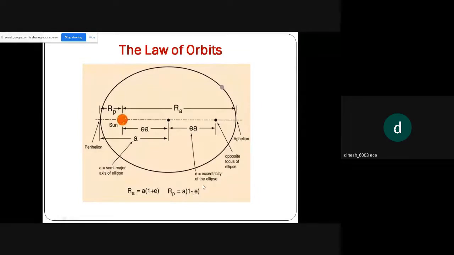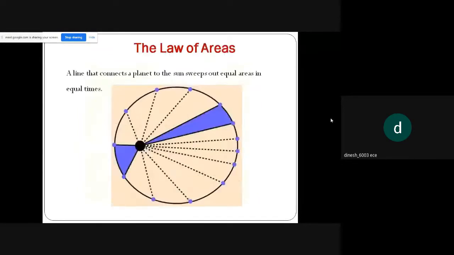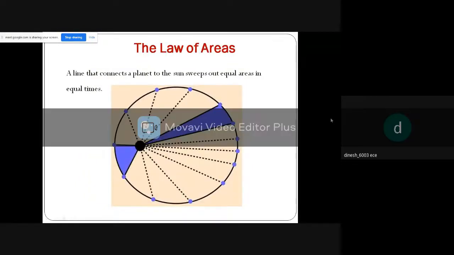So this is your law of orbits with a diagrammatic representation. Next, the law of areas.